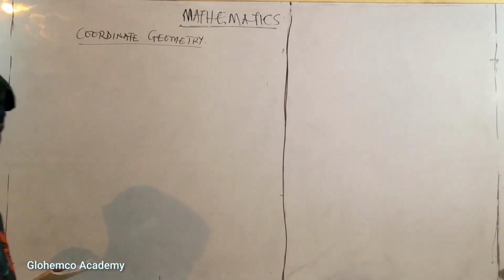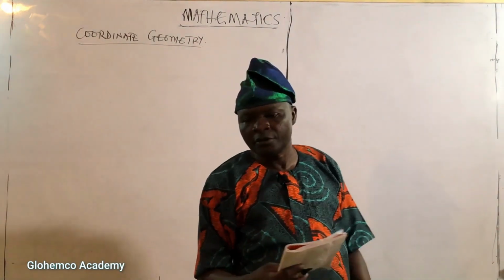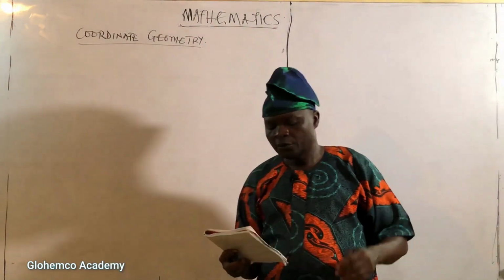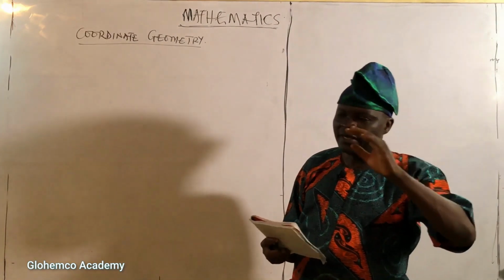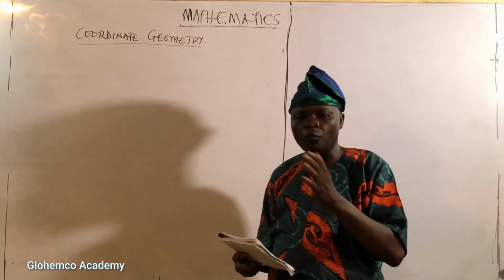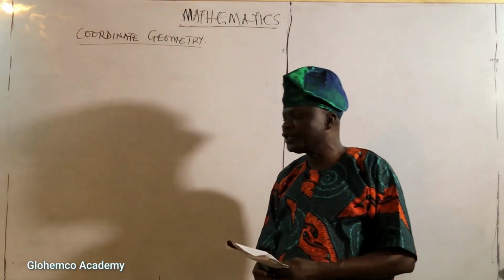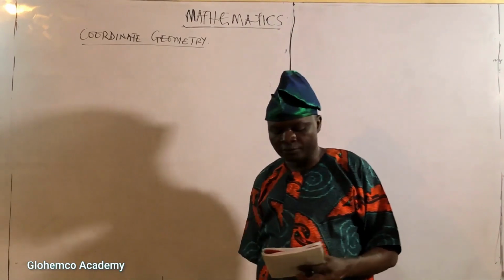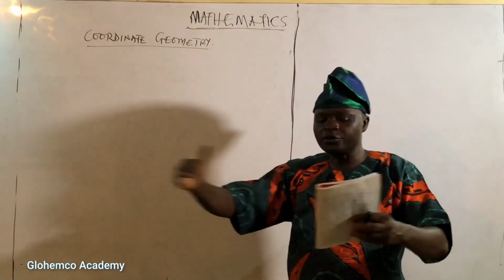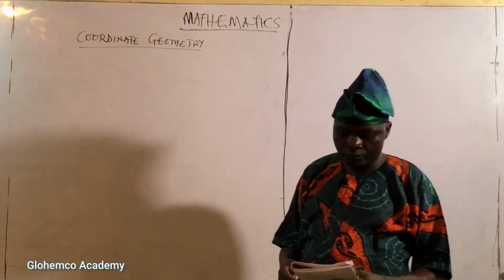When we talk of coordinate geometry, if we have 2 points, let's say point A and B, point A has a coordinate of x and y, and point B also has a coordinate of x and y as well. So there are 2 points on a rectangular plane shape.